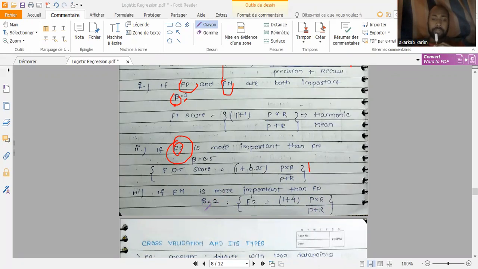So, three scenarios: if we care about both measures, we pass beta 1; for precision we pass 0.5; and for recall we pass 2.